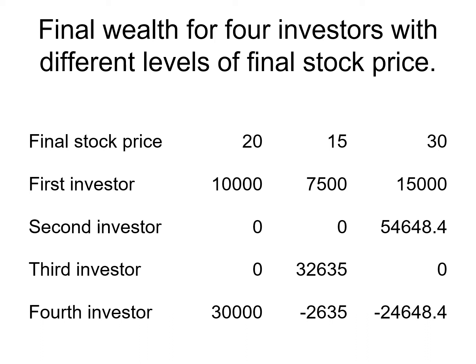For the fourth investor, he sells both call and put options. If the market stays at 20 and does not move, he keeps all the premium he got from the second and third investors, which is 20,000, plus his initial wealth, so he has 30,000.